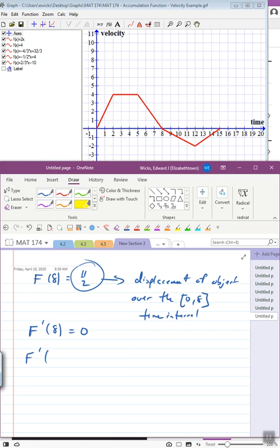What's the derivative of the big F at time 10? Yes. Okay, now let's back up a second here. Let me ask you, what's big F of 5?